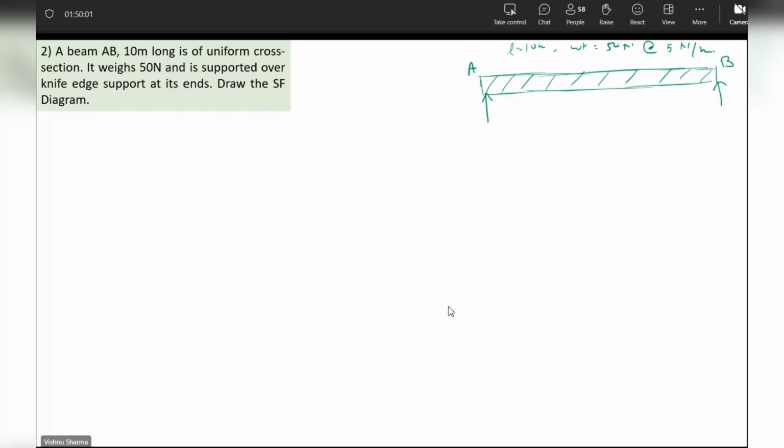Diagram is okay. Now, there will be reaction RA at end A. There will be reaction RB. I'm sure, guys, please speak up. What will be the total reaction? 50 newtons. Very good. 50 newtons.